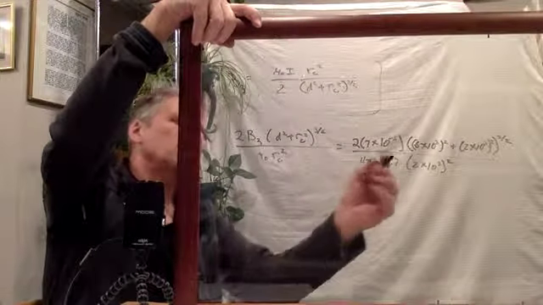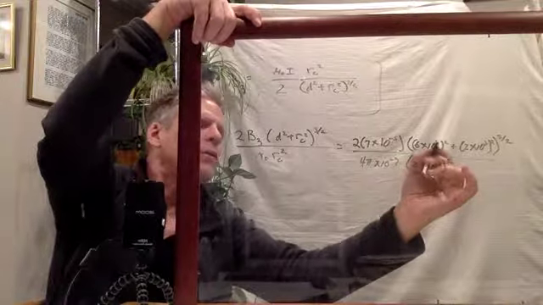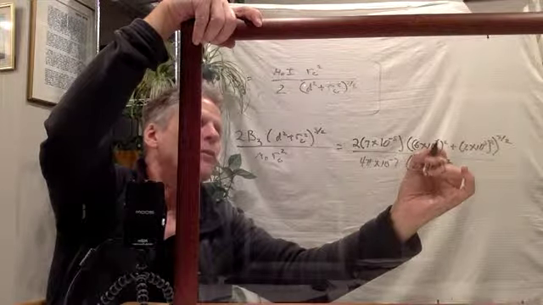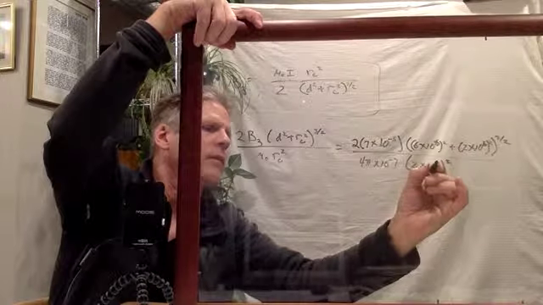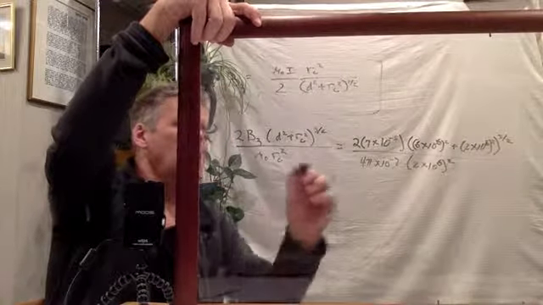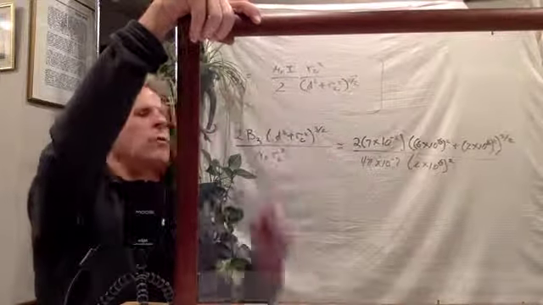However, I wrote this in kilometers and we need it in meters. So this is actually 10 to the 6th, 10 to the 6th, 10 to the 6th, and everything else is the way it should be.